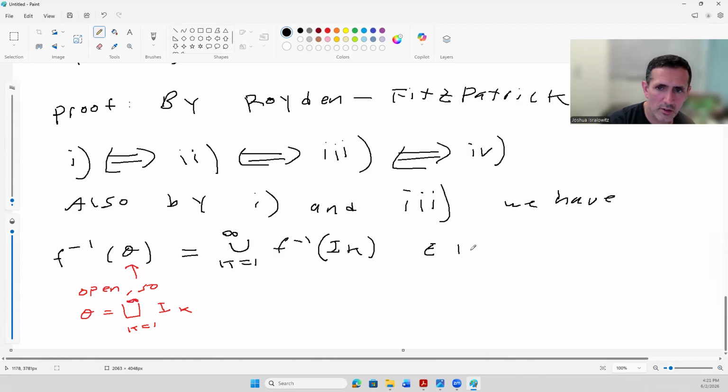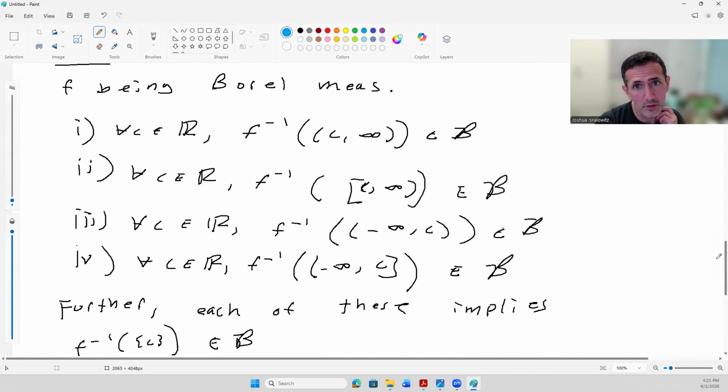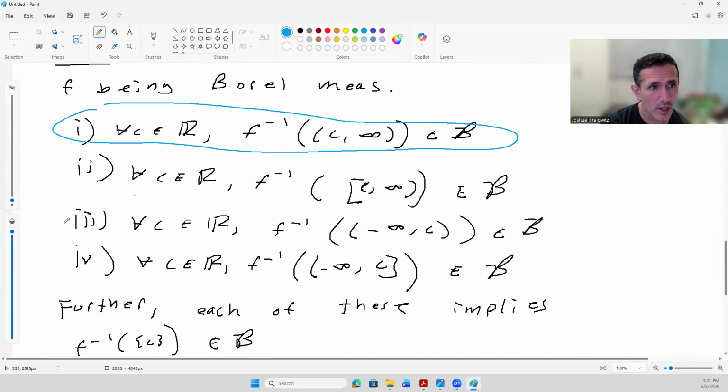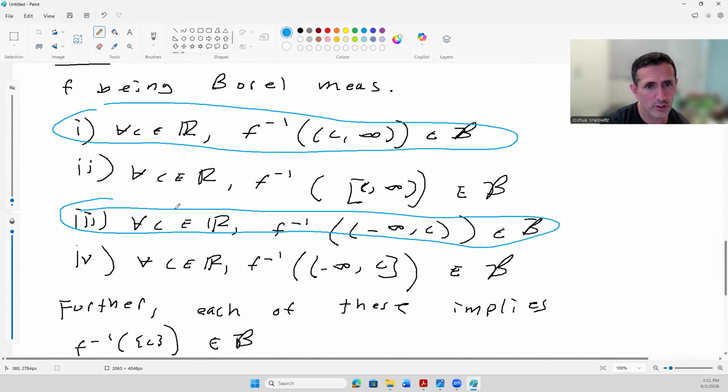And this is true because the inverse image of each open interval (A, B) is an intersection of different C's, of course, 1A, 1B.